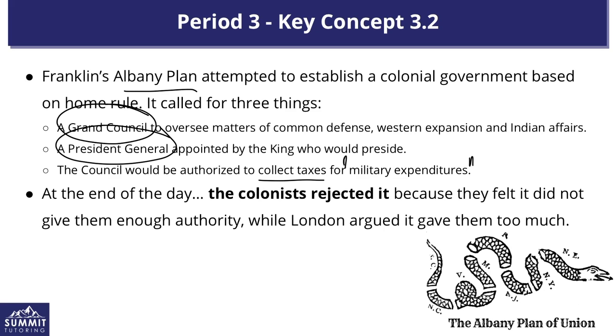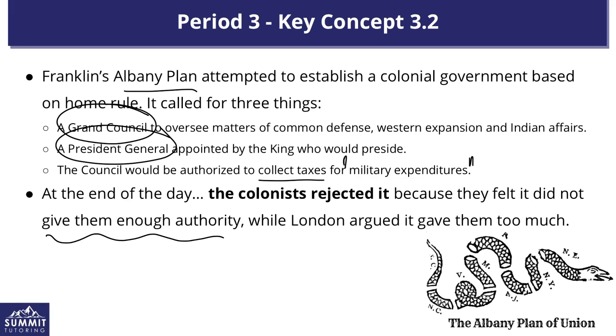The colonists are totally going to reject it because they feel like it didn't give them any authority. There was no decentralization of power here, which is the overall goal of the colonists, because they want to get rid of what they're used to having from the British. They want to get rid of those British rule ideals and replace them with their own more democratic and less central-based government approach.